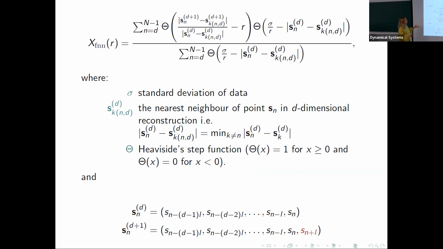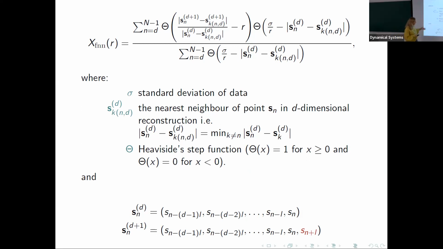Of course, what is too much, nobody knows, but this is expressed by this parameter r here. So you need to, of course, check many of these parameters. And the intuition comes from the continuity of the systems.